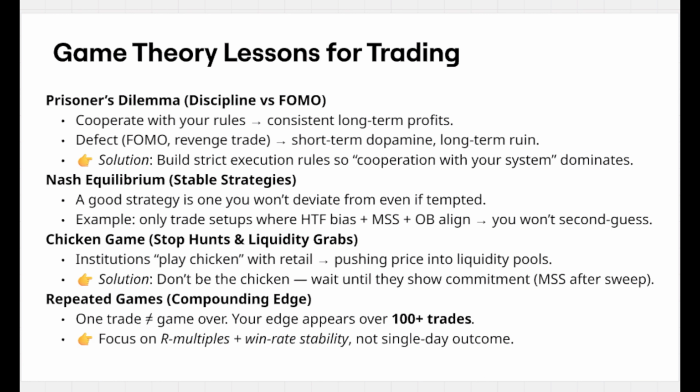Okay, next one is a repeatable game. You need to understand this is not one trade and it's game over. You need to repeat your edge over 100 trades, collect stats, and understand the R multiples, win rate, stability, and expectancy. All that data needs to be collected so you understand the outcome of the game.